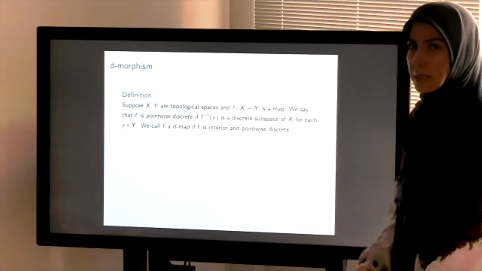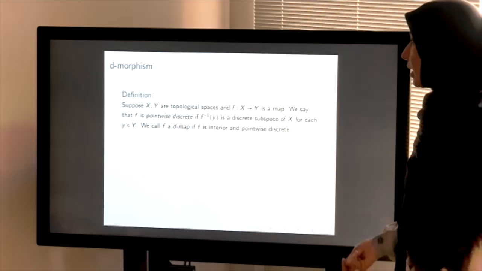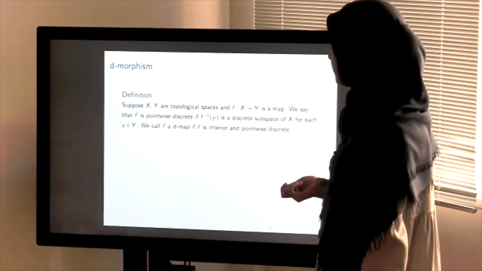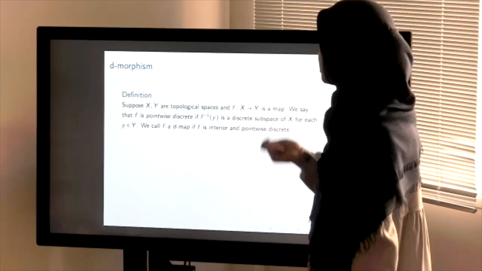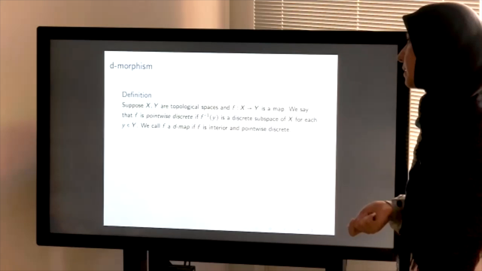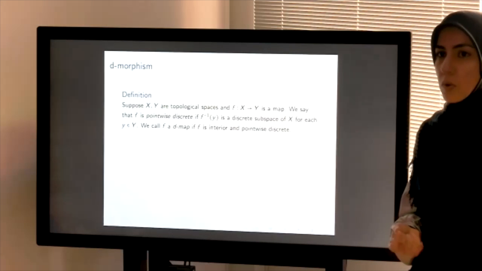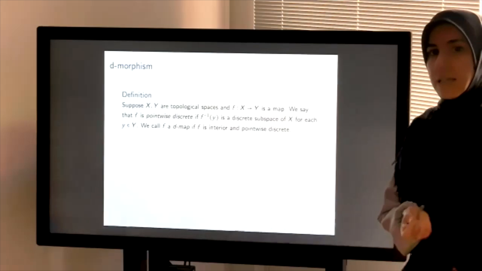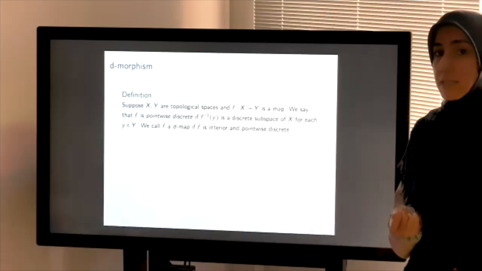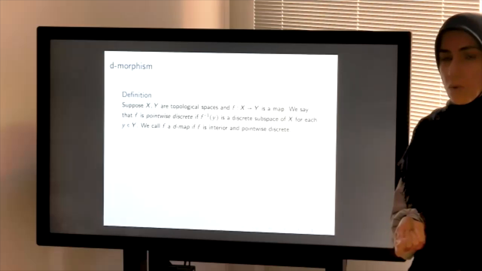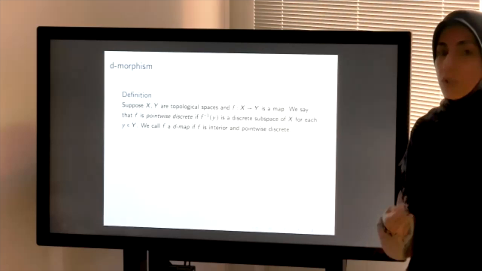Interior map is an open and continuous map, and pointwise discrete is the condition that for any point y in Y, the f inverse of y is a discrete subspace of X. So to have a function which preserves d-validity between two topological spaces, we have to add another condition to the interior map, which preserves c-validity between topological spaces.